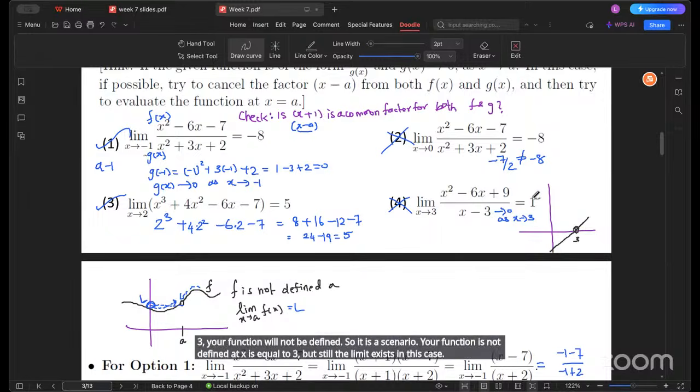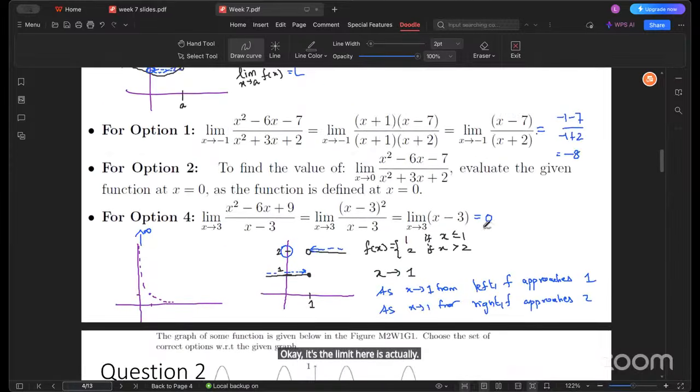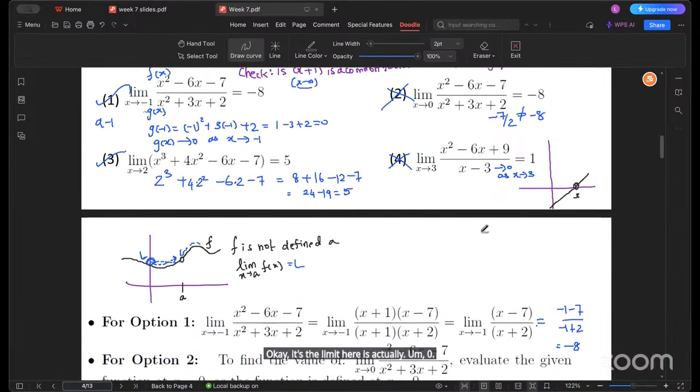The limit here is actually 0, not 1. The limit exists, but the function is not defined at x is equal to 3. Limit is different from the function value. Okay, fine.